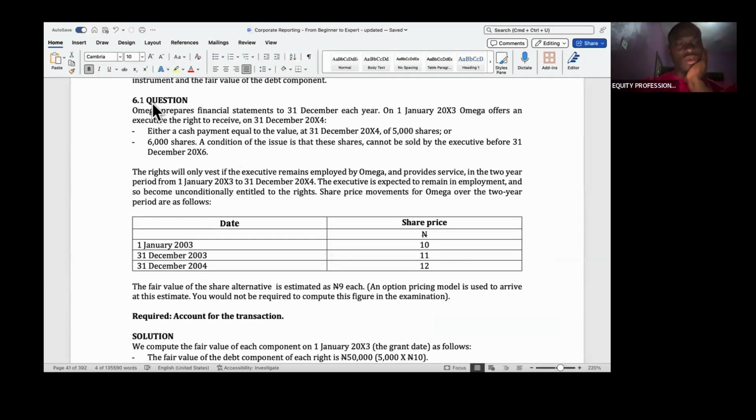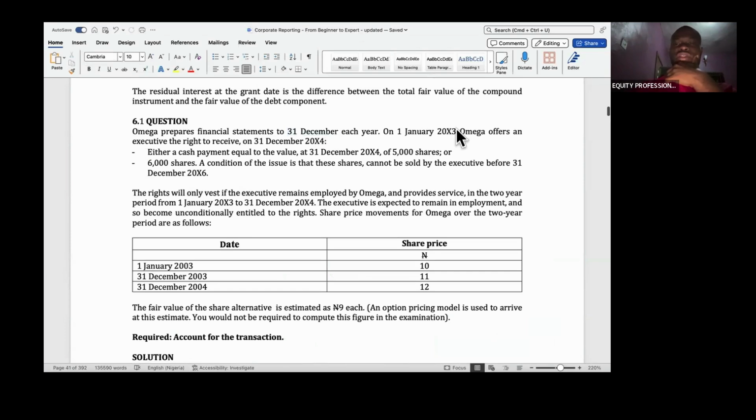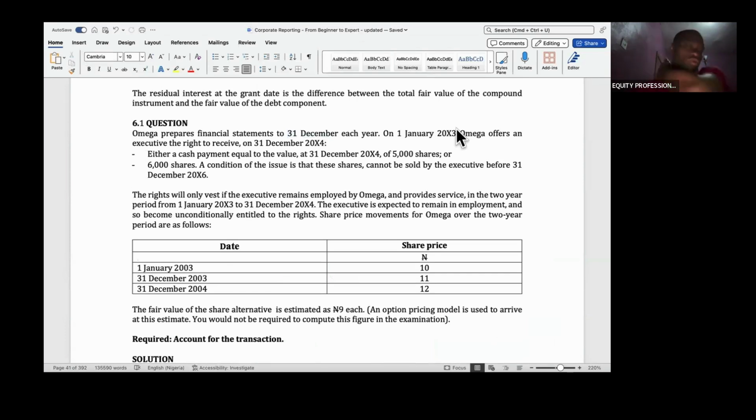So we have that Omega prepares financial statements to 31st December each year. We're now told that on 4 January 2003, Omega offers an executive the right to receive on December 2004 either a cash payment equal to the value at 31st December 2004 of 5,000 shares or 6,000 shares.